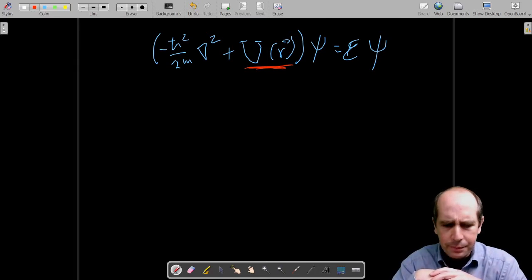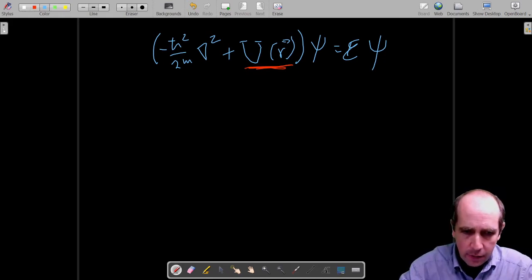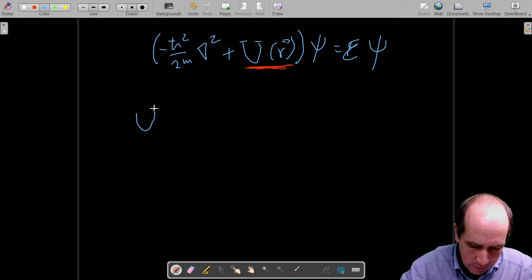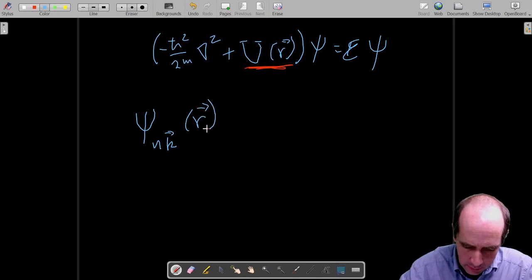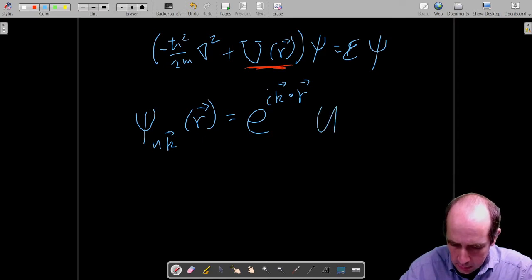So from there, what we obtained is that the wave function has to be of this form. So psi sub n k of r will be equal to e to the i k dot r times u sub n k of r.